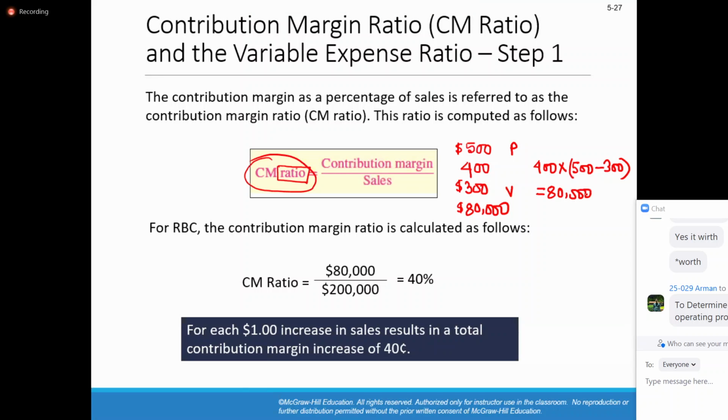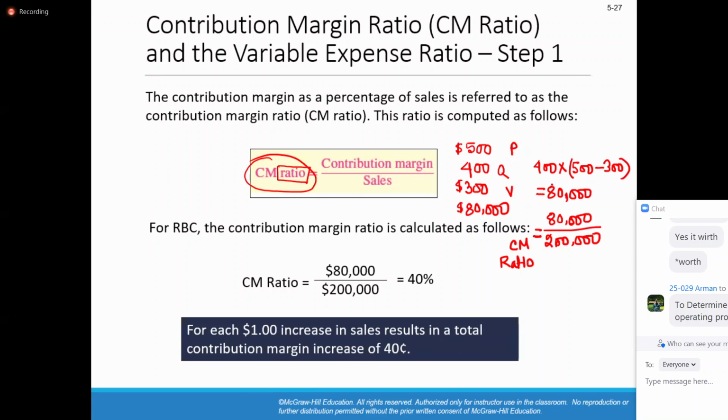So this is our total contribution margin. So what we are saying is that if we divide the contribution margin dollar volume by the sales, or we express the contribution margin relative to sales, which is 200,000, 500 per unit selling price multiplied by 400 quantity, in that case, we are mentioning that this is the contribution margin ratio.